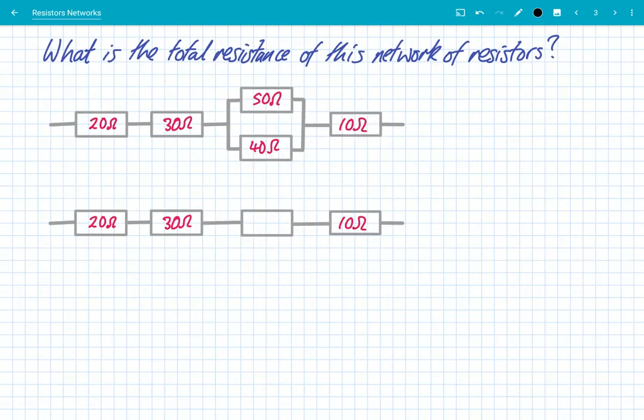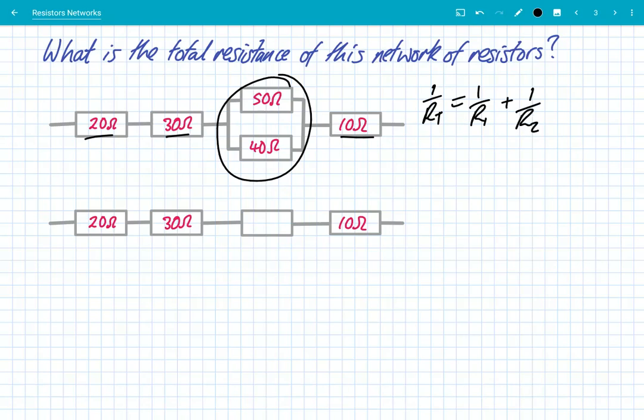Let's follow that method again. Here we've got a 20 ohm resistor in series with a 30 ohm resistor and a 10 ohm, but we've got a 50 ohm and a 40 ohm resistor in parallel. So we always start with the parallel part of the network. We say 1 over RT is equal to 1 over R1 plus 1 over R2.